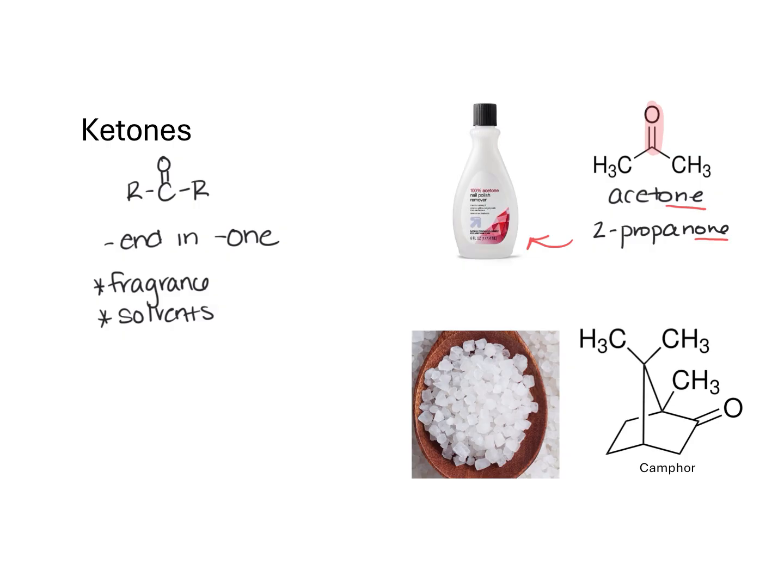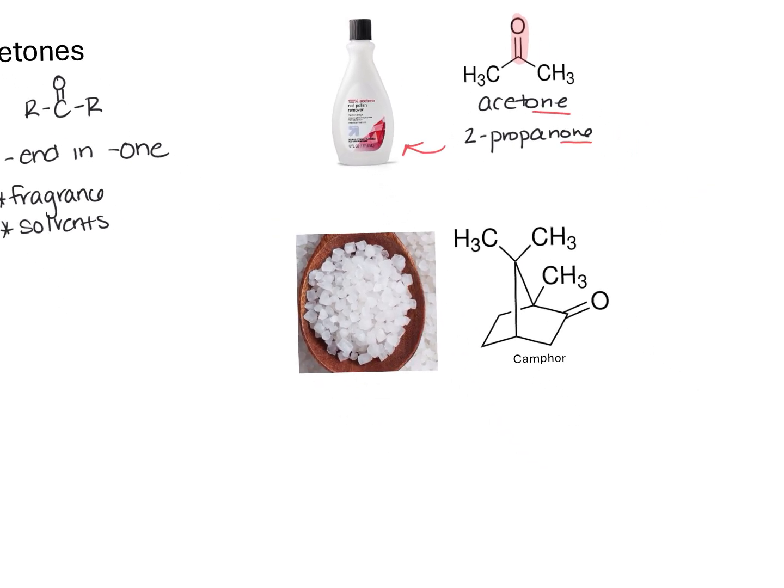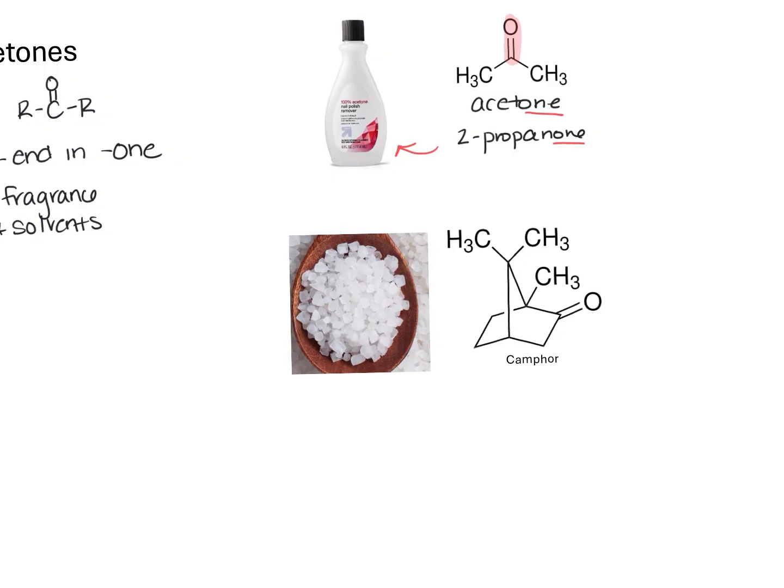Other ketones that will pop up in cosmetics include camphor. This is called a bicyclic monoterpene ketone. Bicyclic just means that we have two rings. We've got this flat ring here with 1, 2, 3, 4, 5, 6 carbons, and then we have this triangular ring that comes up here like this. And so that's the two rings that you see.